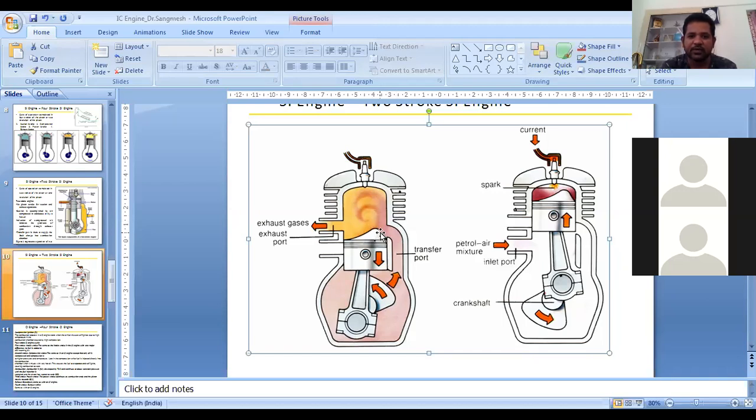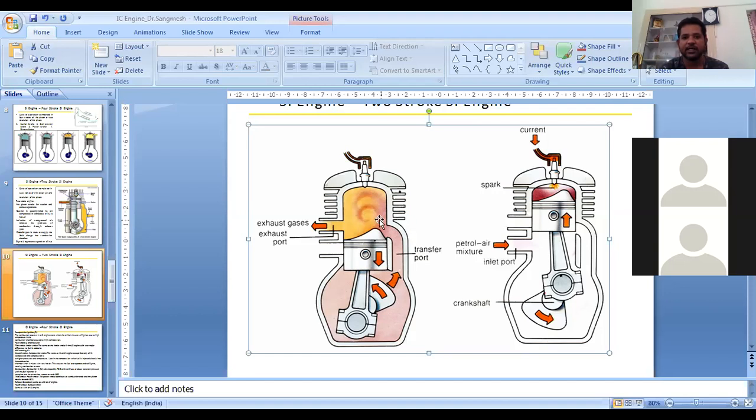This diffuser acts in such a way that the flue gases are pushed outside through the exhaust port. At the same time, it allows the fresh fuel and air mixture into the cylinder. This acts as a barrier: on one side it sends out the exhaust gases, and at the same time the fuel enters into the cylinder.